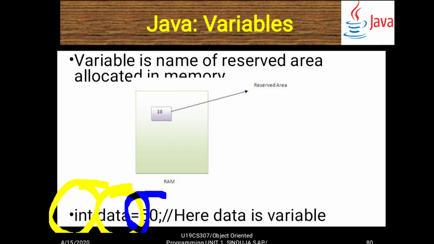And what is this 50? It is your value, the value you are going to store in that variable. I think everyone knows this, because this is basic for all programming languages, whereas in Python we don't specify the data type, it is assigned automatically. But in Java we need to specify that.